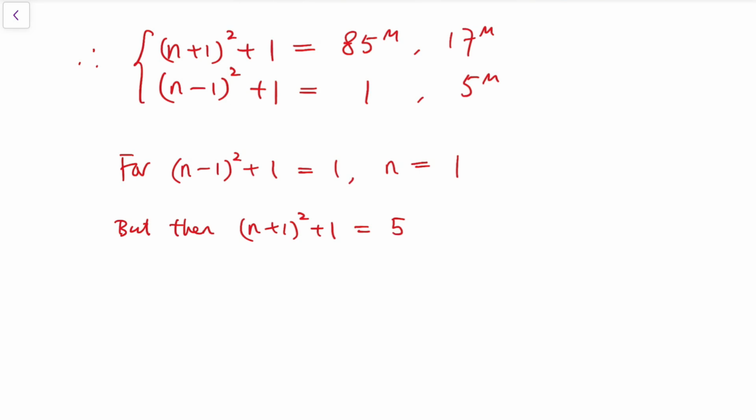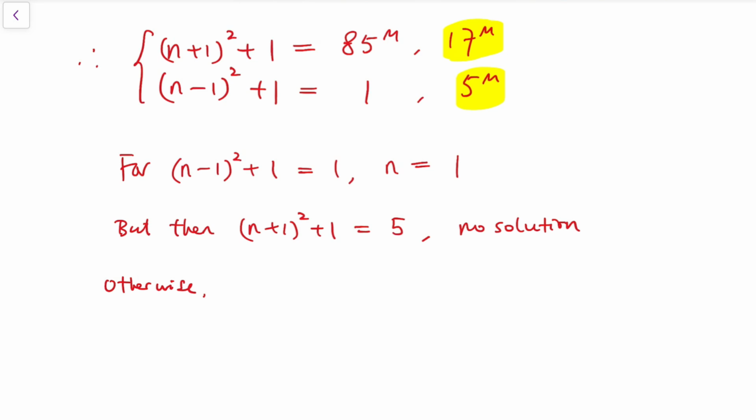But we are having 85 to the power m on the other side, so no solution for this case. Otherwise, we'll have n plus 1 all squared plus 1 equal to 17 to the power m, and n minus 1 all squared plus 1 equals 5 to the power m.